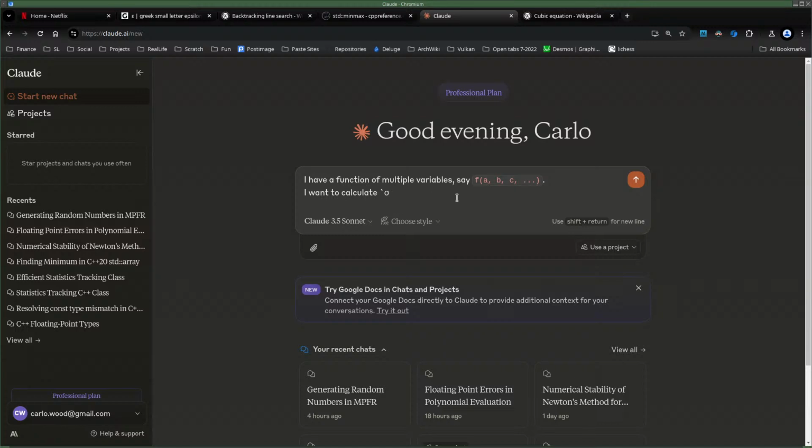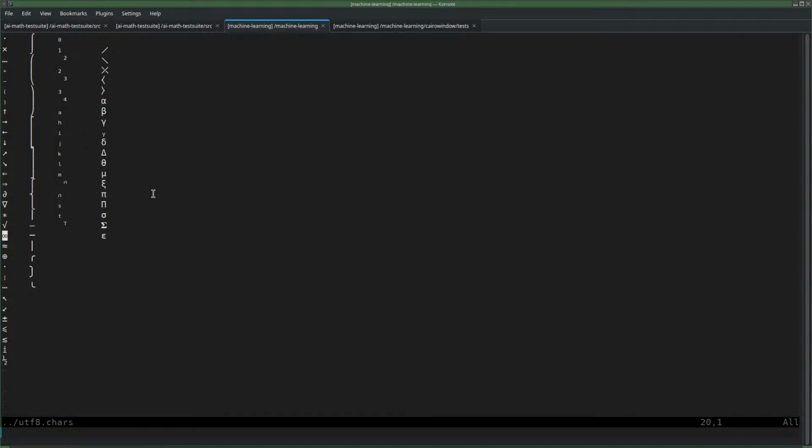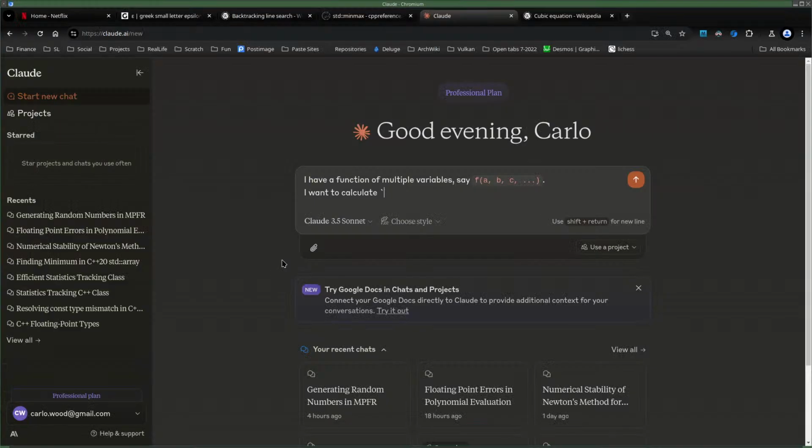Wait a minute. That's sigma. I need a delta. It's the only delta I see, but it's not the right delta. Where's my delta? Oh, here it is. This one. The round delta. So we want to calculate the partial derivative of f with respect to a, whatever.